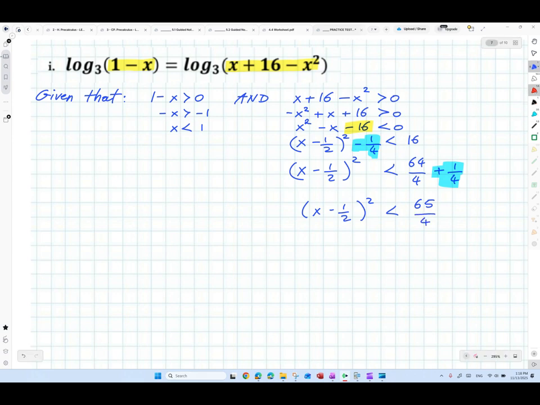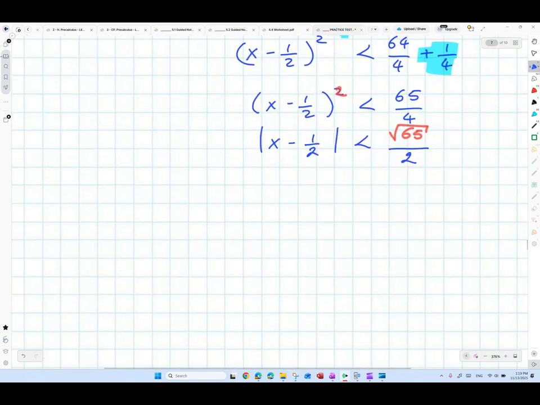Now, the next step is that I'm going to cross over the square. It is going to become a square root, so I'll have square root of 65 over square root of 4, which is 2. And here you may be tempted to add plus or minus, but that does not make any sense. So what you need to do instead is take this extra step to add an absolute value on this side. And then you know how to solve absolute value inequalities.